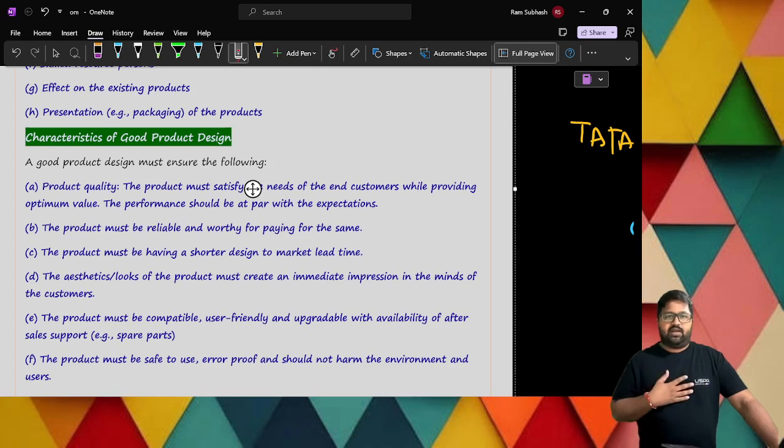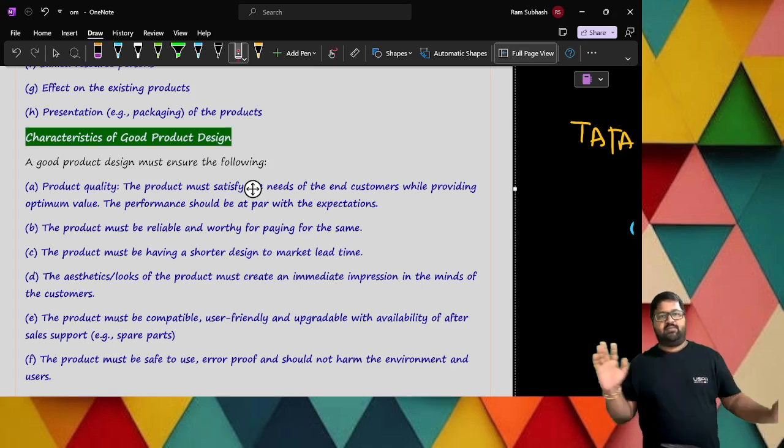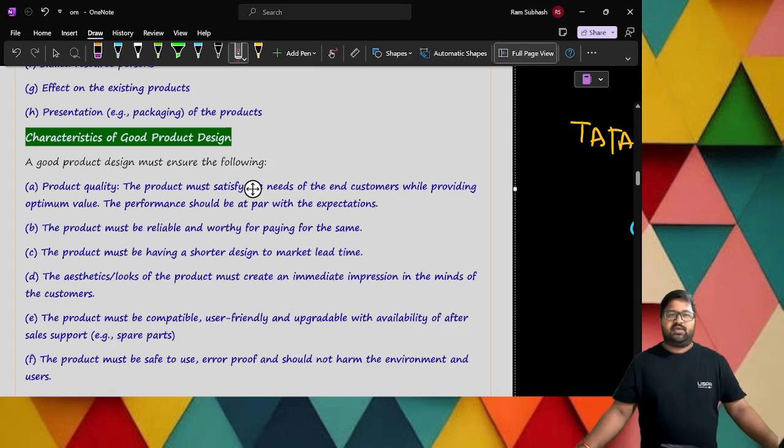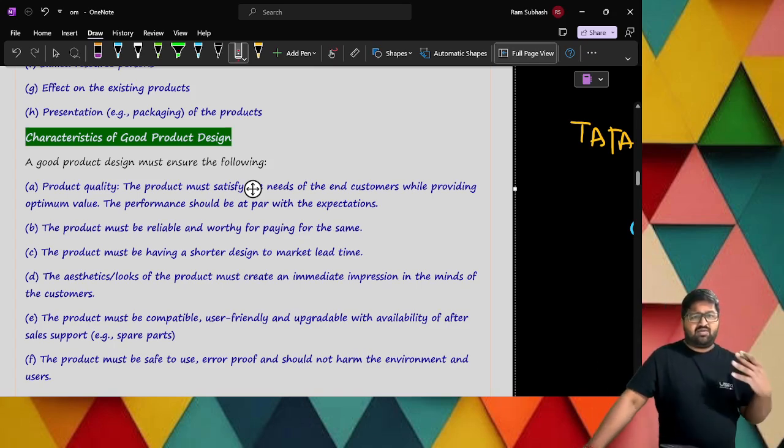That is my requirement, and if the product gives the same thing, I will be happy and I will buy. Also, for example, I am driving a vehicle and it should not cause any accidents, for example a fire accident. It should not cause any fire in the vehicle. Then the product is a good one.